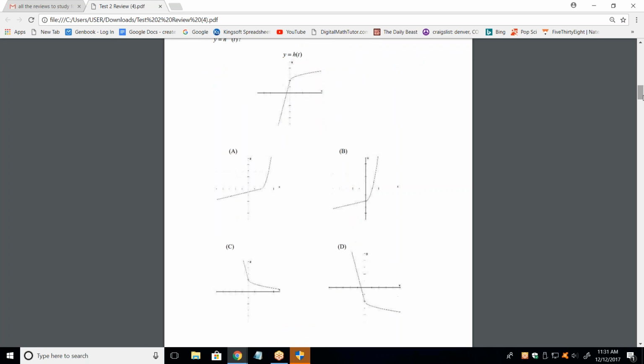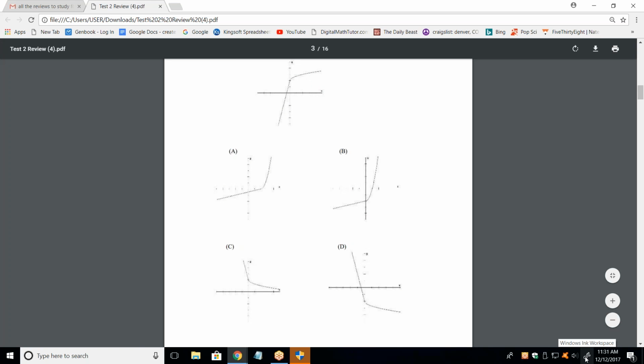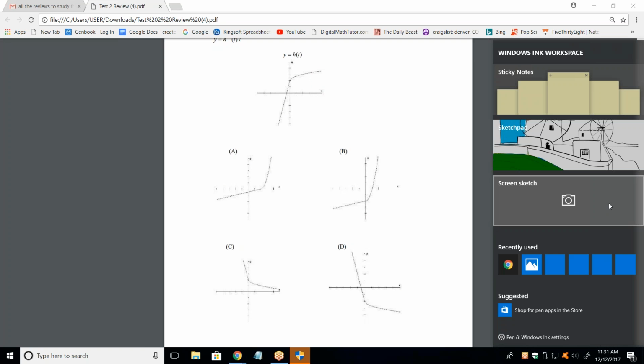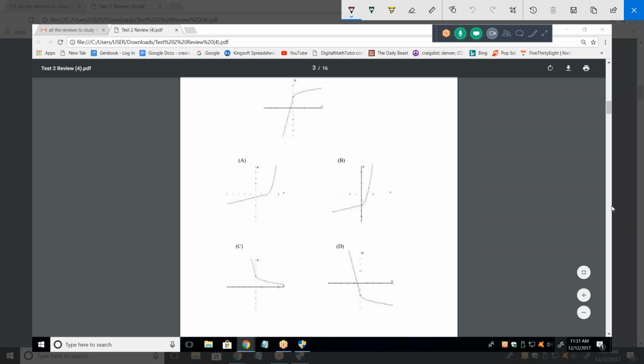Okay, so there's only 4 answers. What they're saying is that this is f of x. Which one of these 4 is f inverse of x? And how do you know?